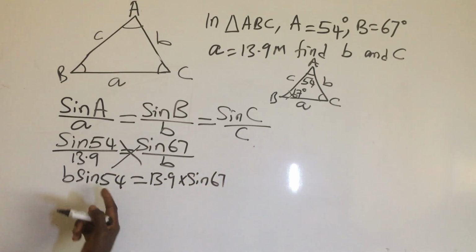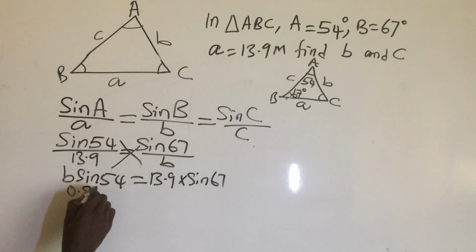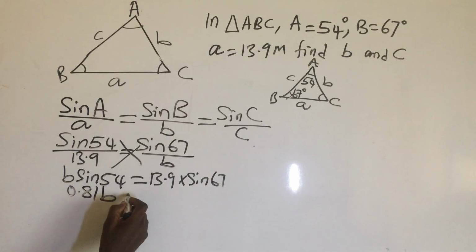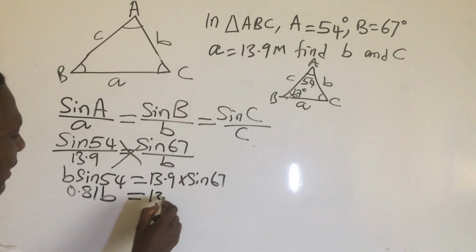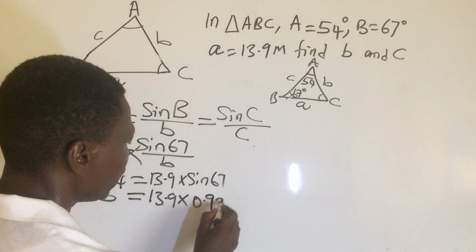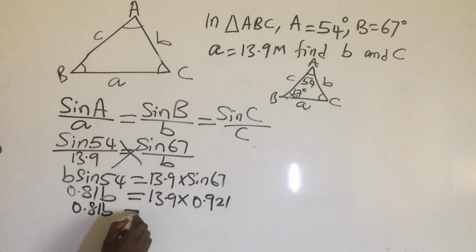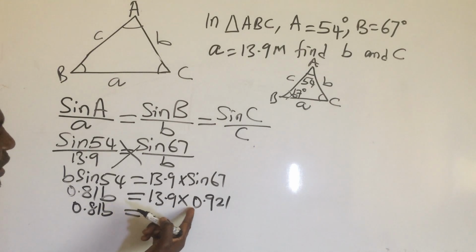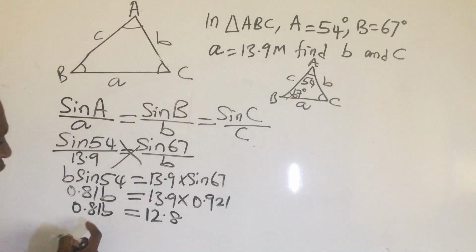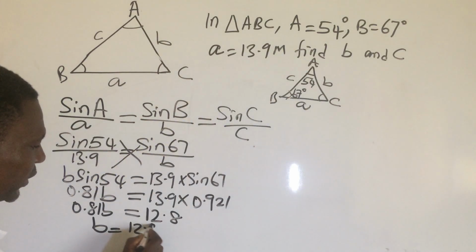Now, sine 54 with our calculator is approximately 0.81. So 0.81b equals 13.9 times sine 67. Sine 67 is 0.921. When we multiply 13.9 times 0.921, it gives us 12.8. Making b the subject of the formula, b will be 12.8 over 0.81.